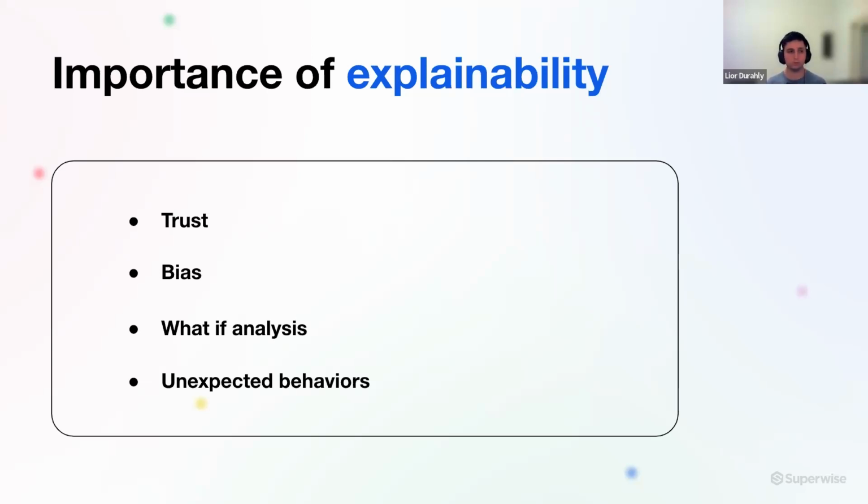And we also want to be able to do what-if analysis. Let's take the previous example. Someone got rejected from getting a loan, and then he will ask us, okay, so what can I do to make you approve my loan?